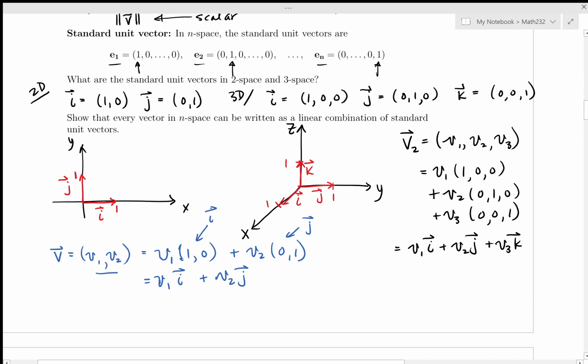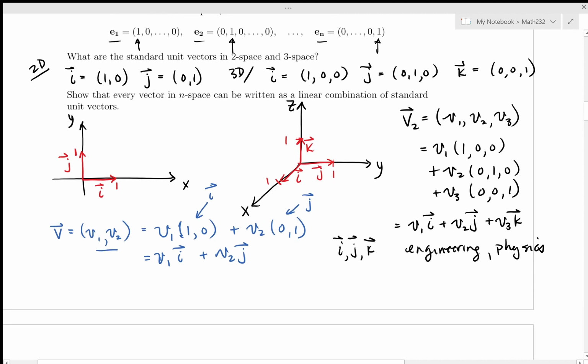And then this just scales up. The i, j, and k, these unit vectors that are on the x, y, and z axes, are commonly used. We commonly see this in engineering applications and in physics applications.